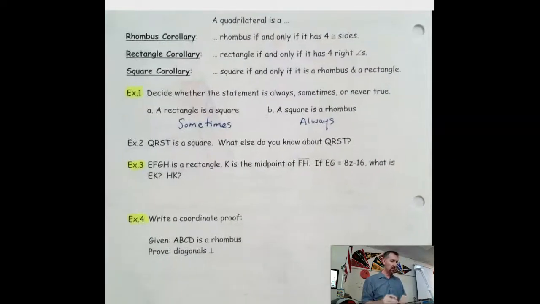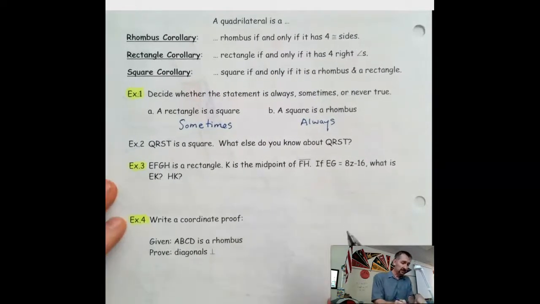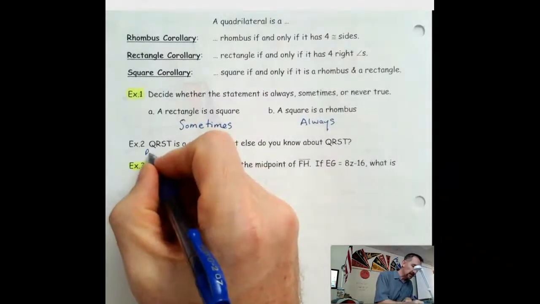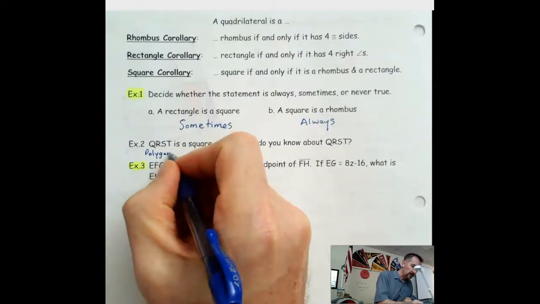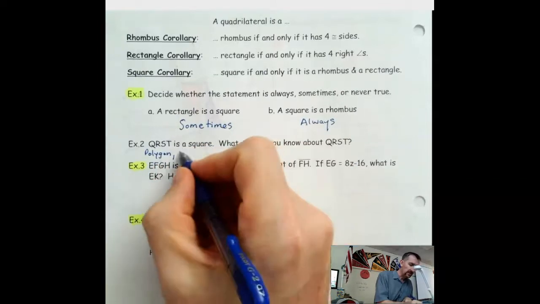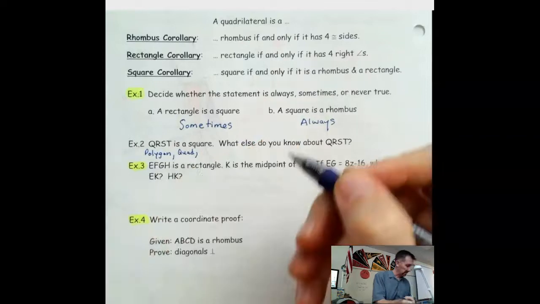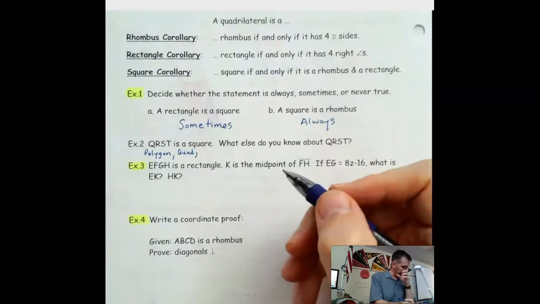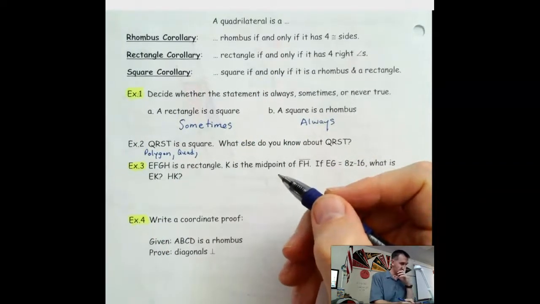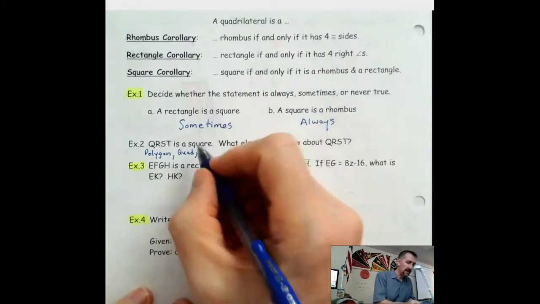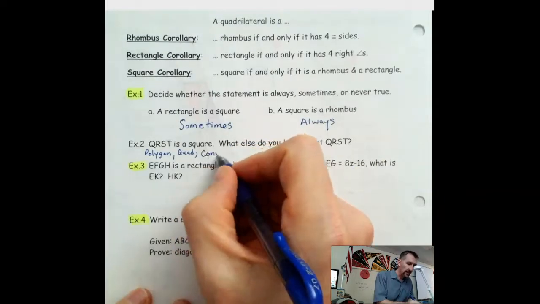QRST is a square. What else do you know about it? Okay. So we could say a lot about it. We could say it's a polygon. We could say it's a quadrilateral. We could say that it's convex, not concave.